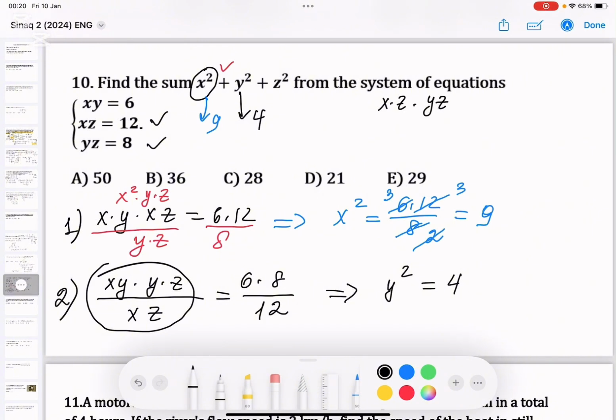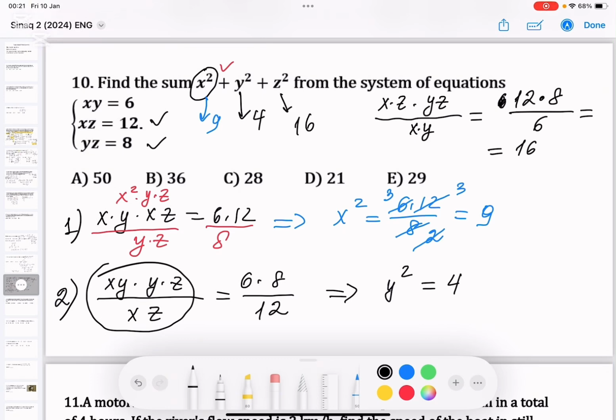Again, I have z squared, but I have the x times y product, which is redundant here. So I'm going to divide by x times y. What I'm going to have: xz is 12 times yz 8 divided by xy 6. That's it. It's going to be 16.